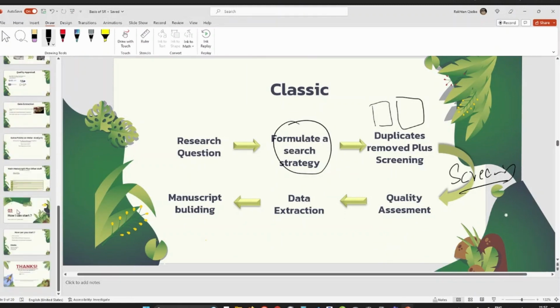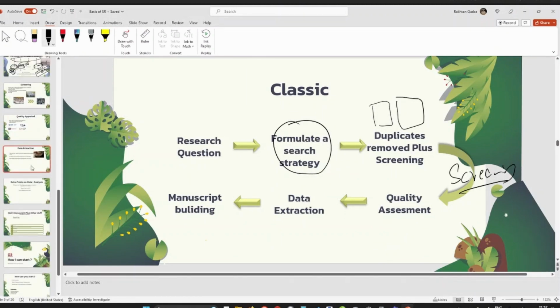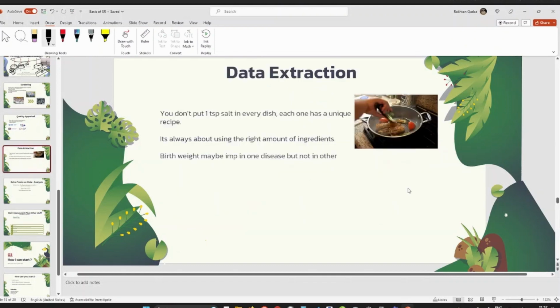What are we extracting? For example, say I want to prove that eating 10 apples a day will cure cancer.